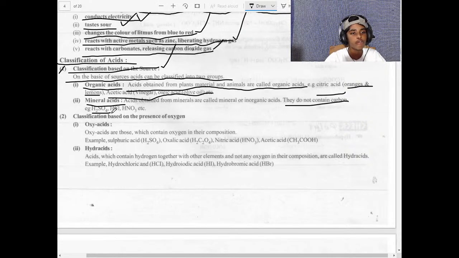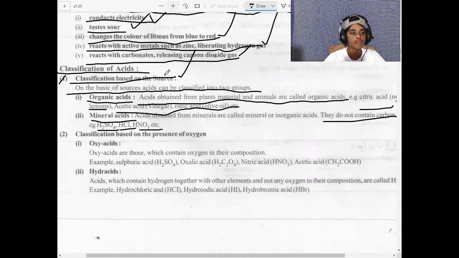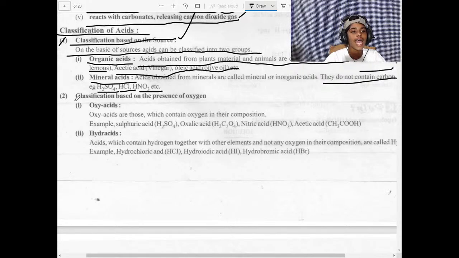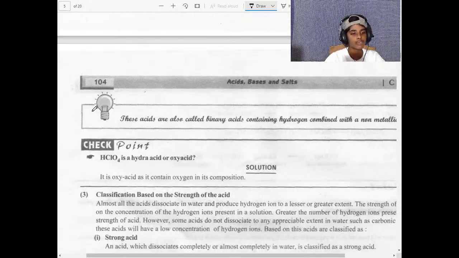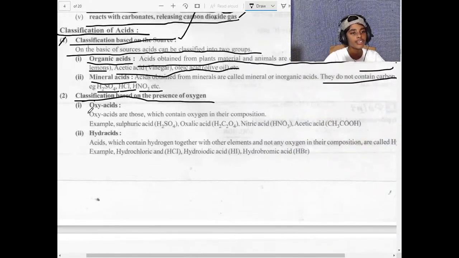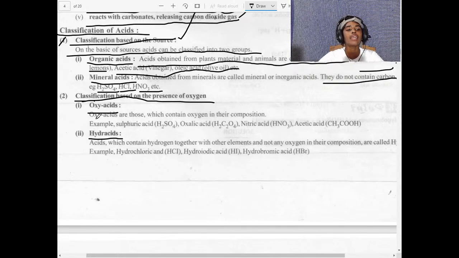Examples: H2SO4, HCl, HNO3. And next, classification based on presence of oxygen. There are two types: oxyacids and hydracids. First, oxyacids are those which contain oxygen in their composition.